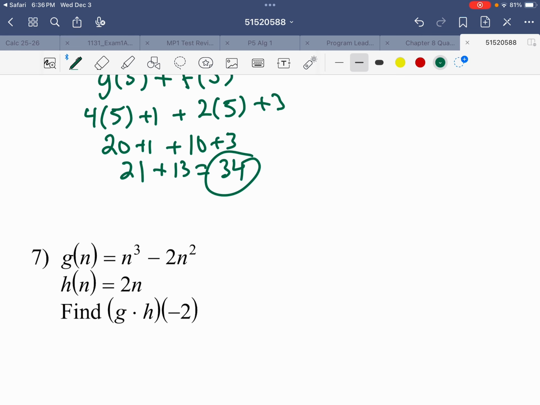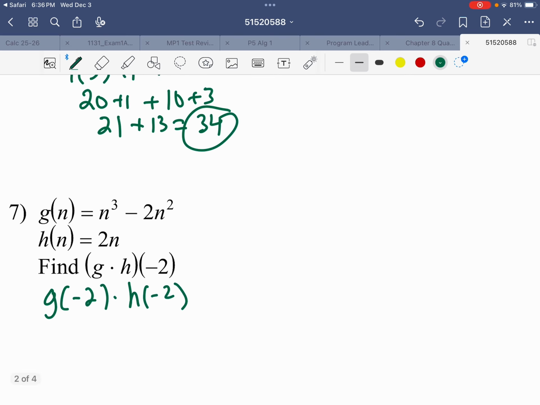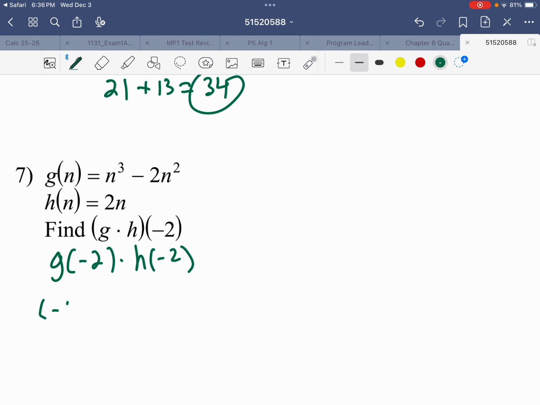In number 7, we're multiplying. So it's g of negative 2 times h of negative 2. Or negative 2 cubed minus 2 times, instead of n, the negative 2 squared. And I'm multiplying that by 2 times the negative 2. I'm going to put parentheses around this.